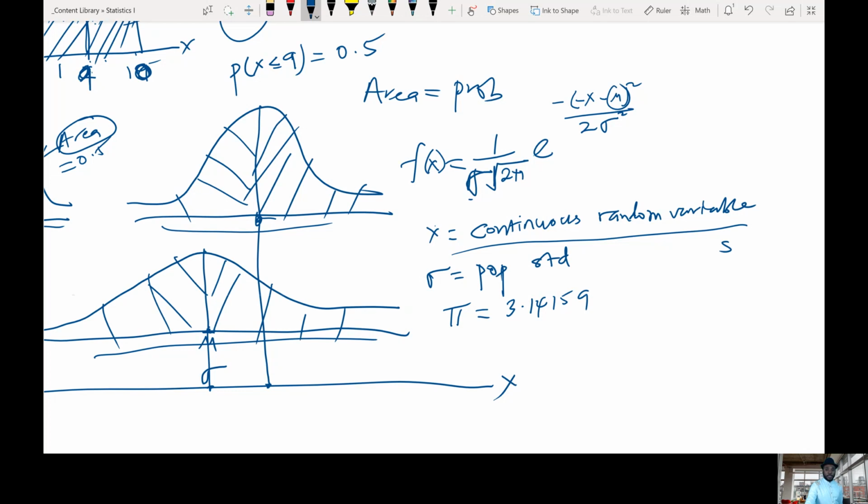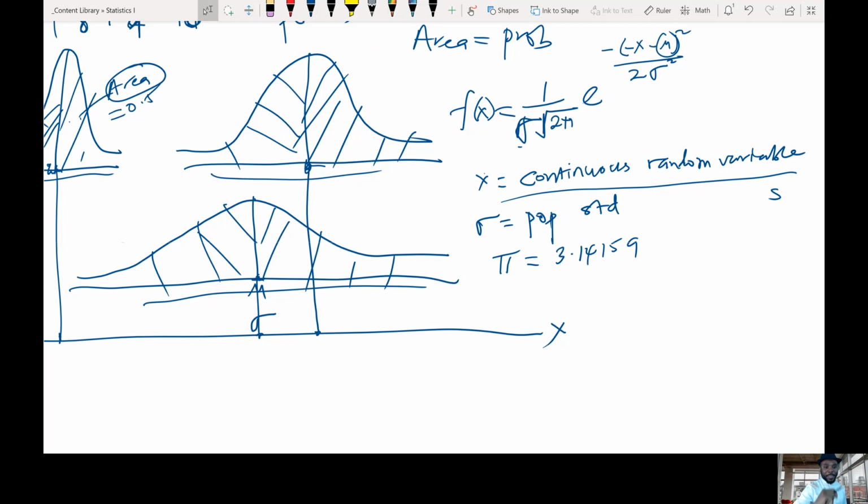Now, if I was taking this into calculus, let's say we have negative infinity to infinity. The total area will be the integral from negative infinity to infinity of f of x with respect to x, which is going to equal 1.